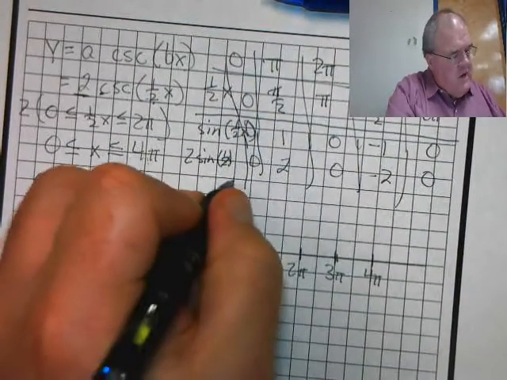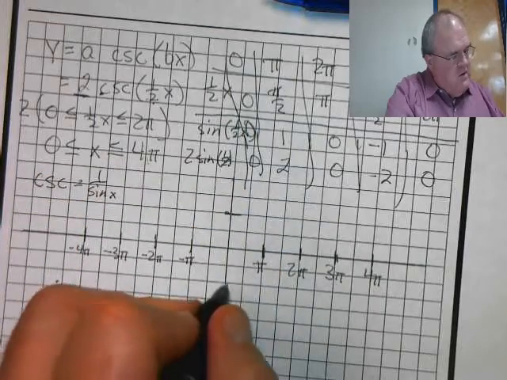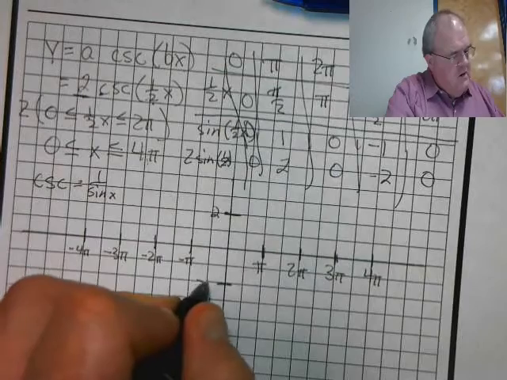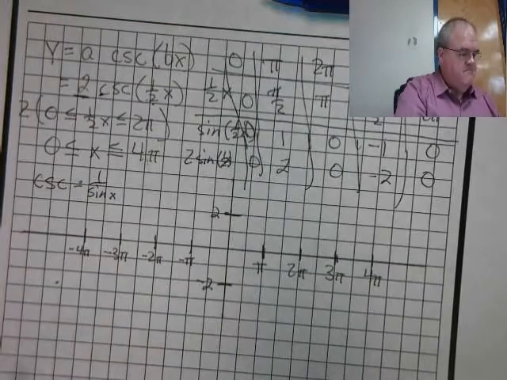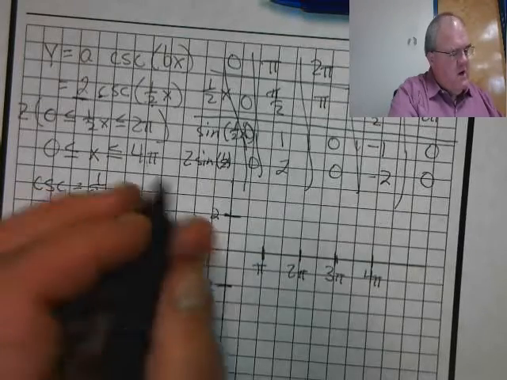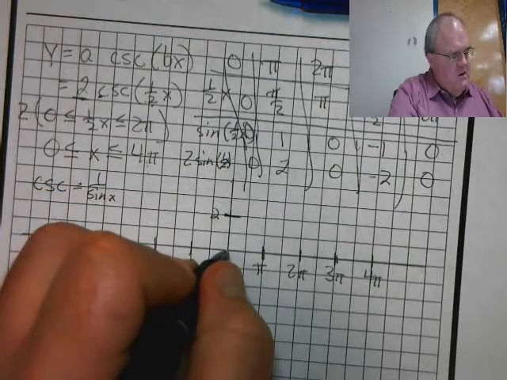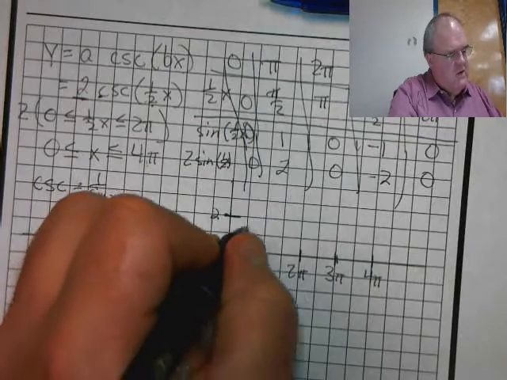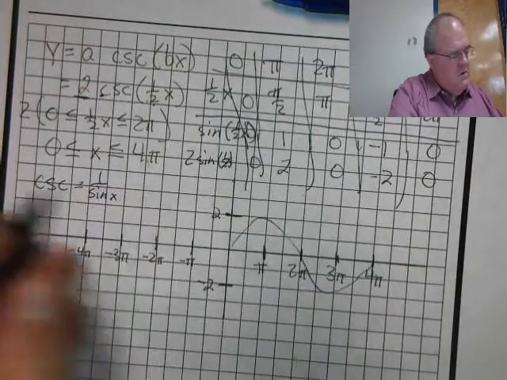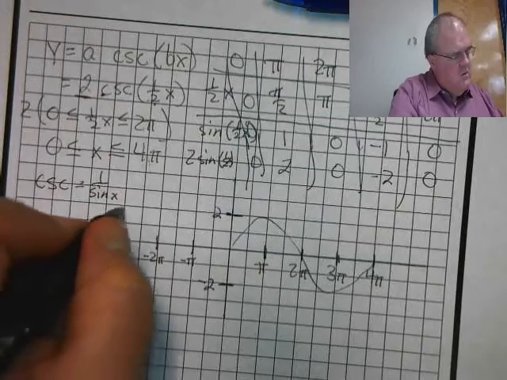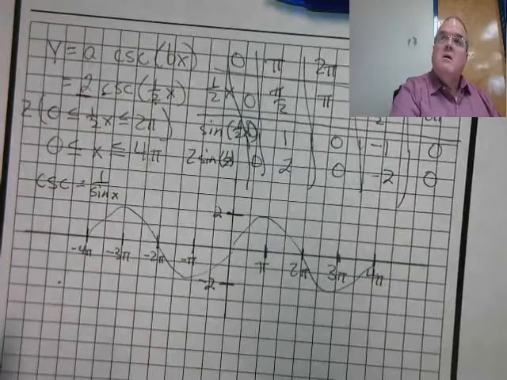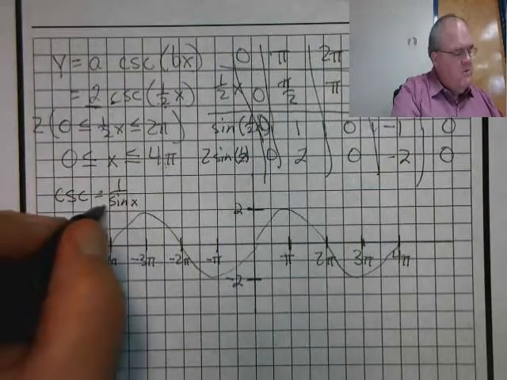So that means that I'm going to have 2 and negative 2. And I'm using sine, so very lightly, I'm going to sketch my sine curve. And then I'm going to draw my asymptotes.